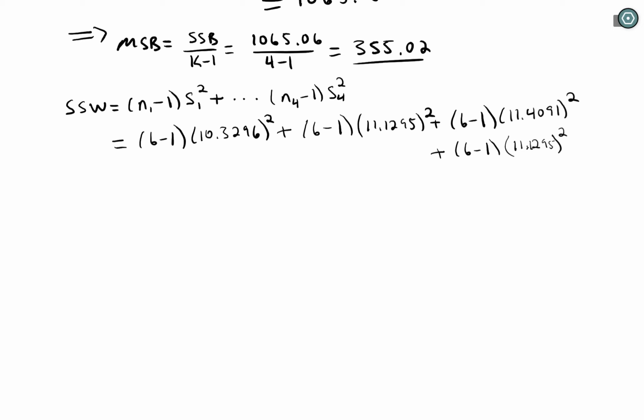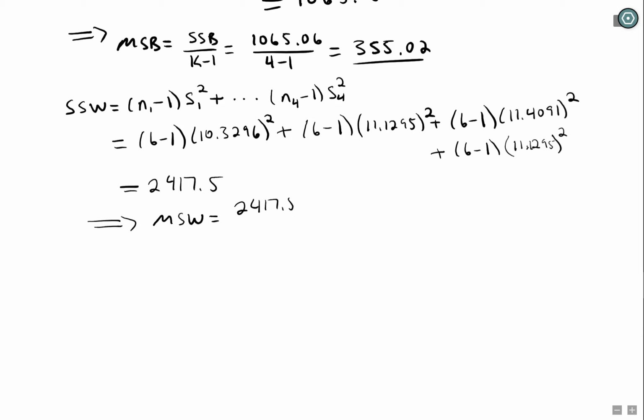Okay, SSW, if you add all those up, you get 2,417.5. And then MSW is going to be 2,417.5 divided by, actually, let me write out the formula for you.